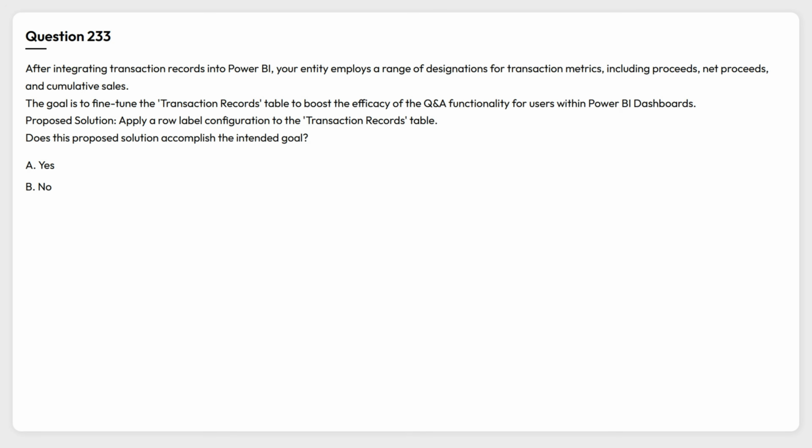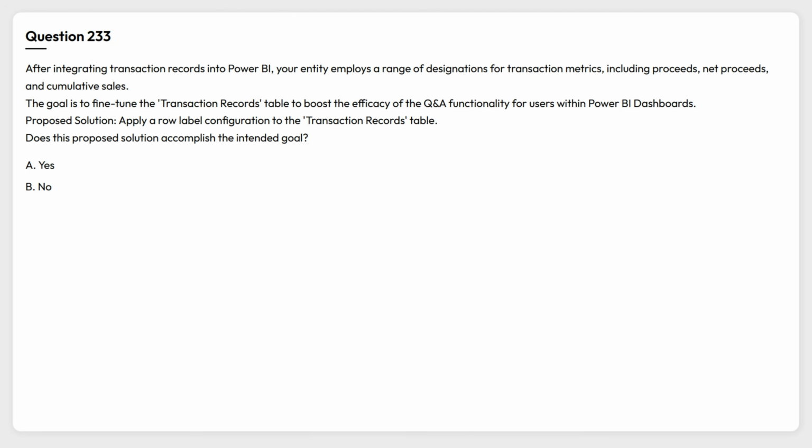The goal is to fine-tune the transaction records table to boost the efficacy of the Q&A functionality for users within Power BI dashboards. Proposed solution: apply a row label configuration to the transaction records table. Does this proposed solution accomplish the intended goal?